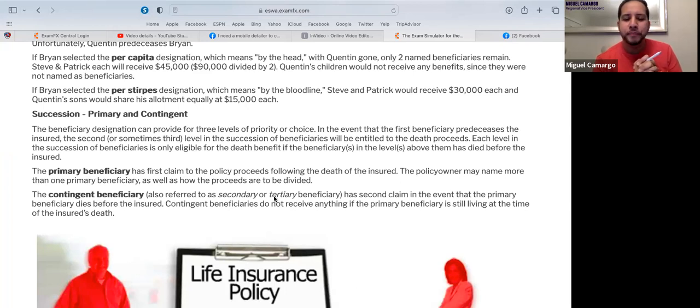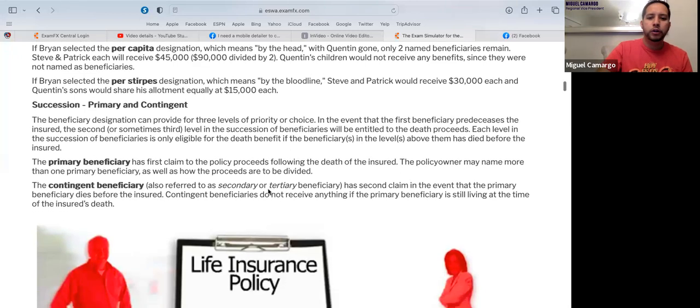So primary, when you write an application, you're gonna put it on the basis of primary. If God forbid this person passed away, these are the individuals that get the money. Now contingent, or that word that Ellie said, would honestly kind of be like your third beneficiary.